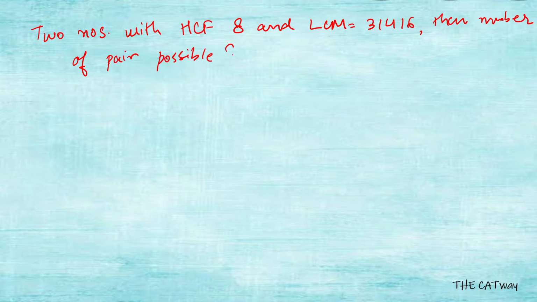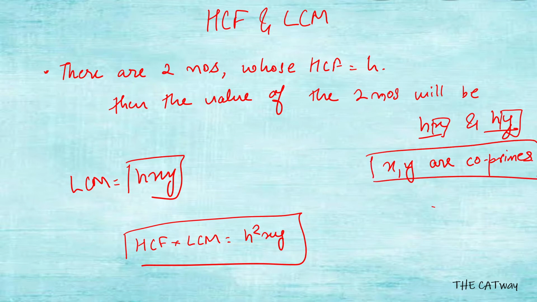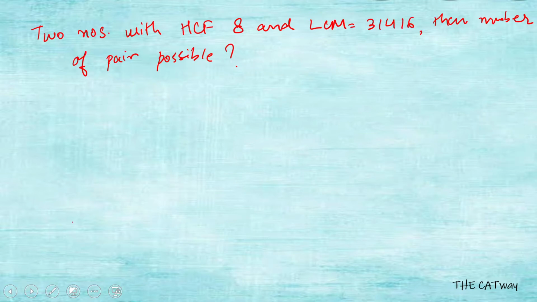There's one more thing. Here the values x and y are co-primes. Okay, x and y are co-primes. This is a very important part. So now we have to find the number of pairs.